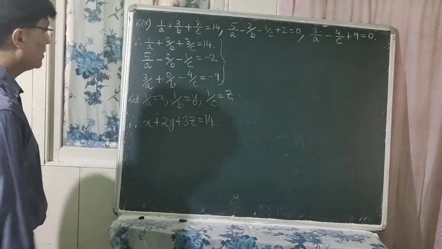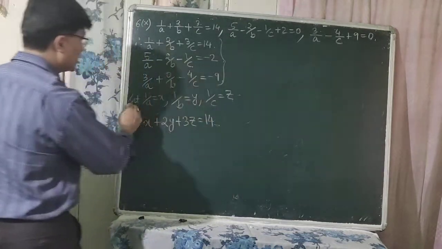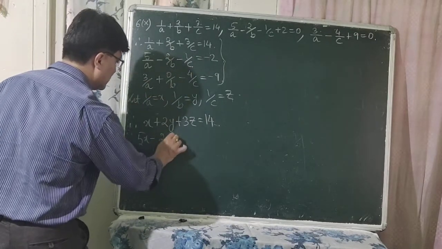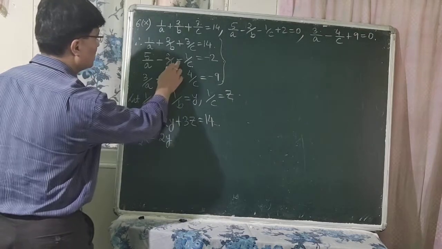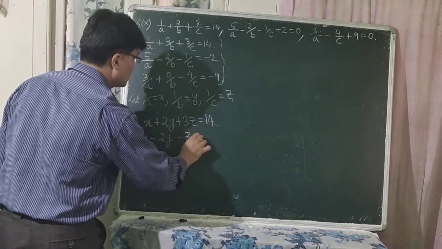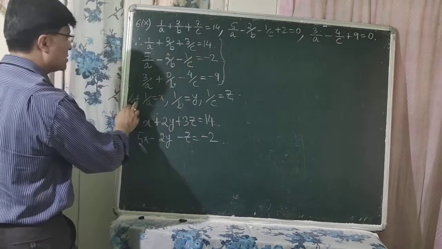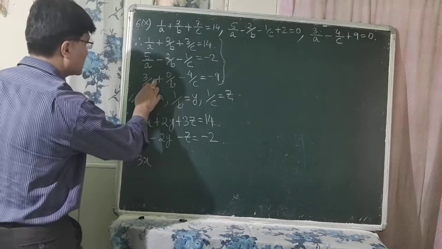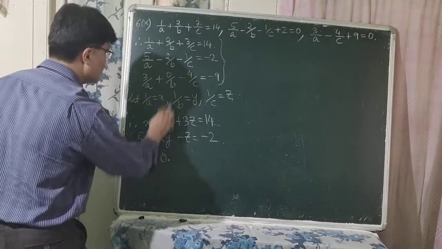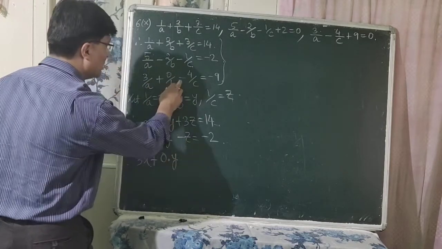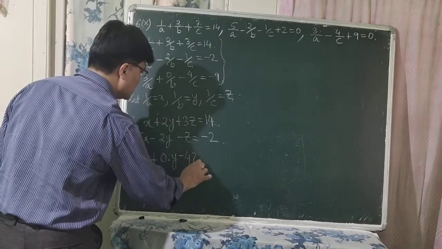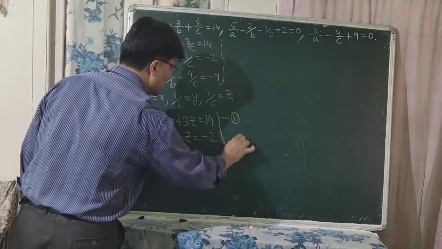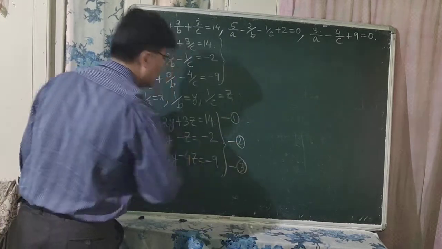Is that clear? Next, the second equation becomes 5x minus 2y minus z is equal to minus 2. Next one is 3x plus 0y minus 4z, which is equal to minus 9. This is equation 1, this is equation 2, and this is equation 3.